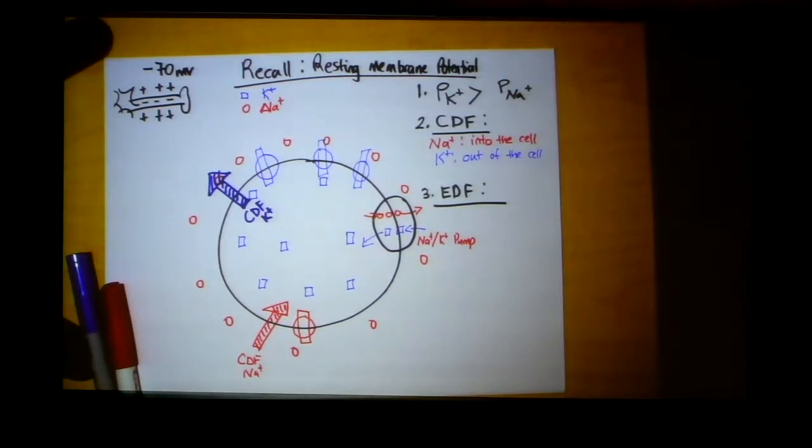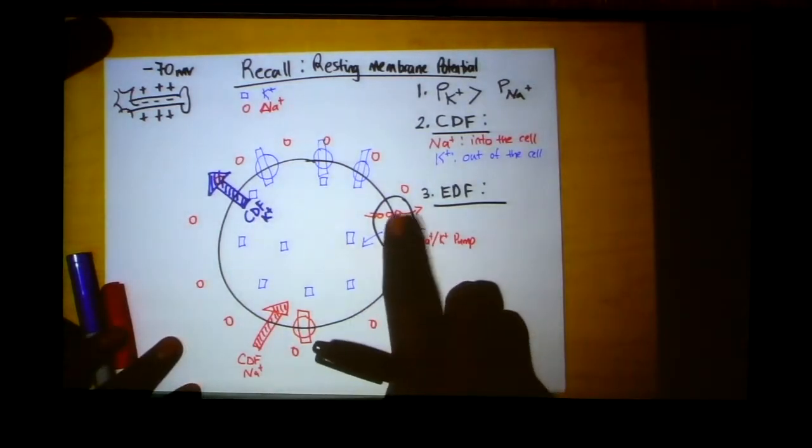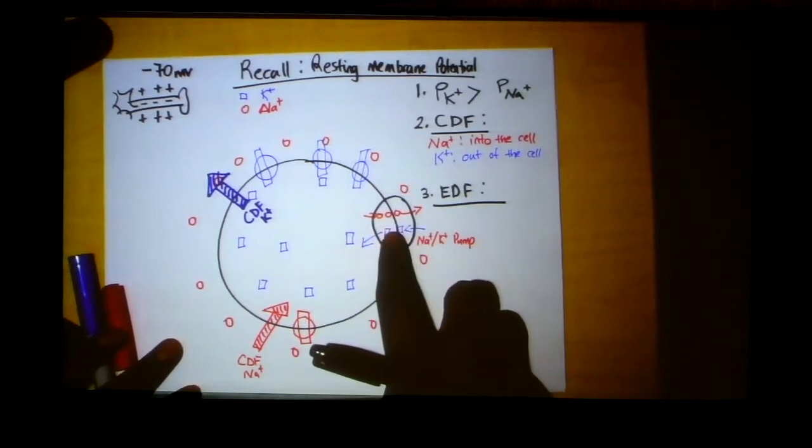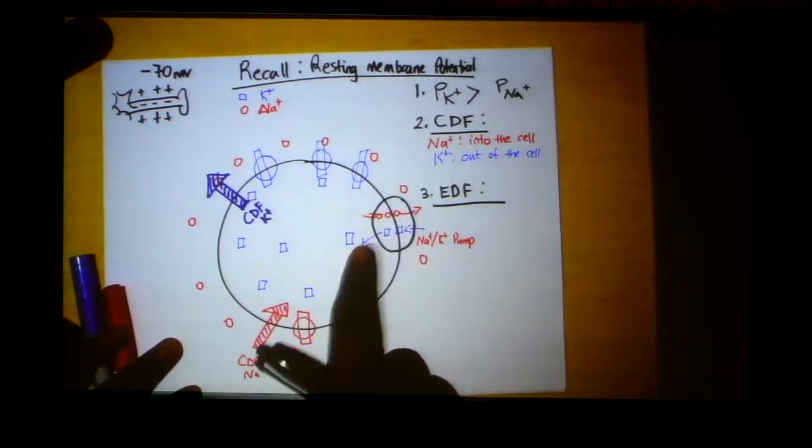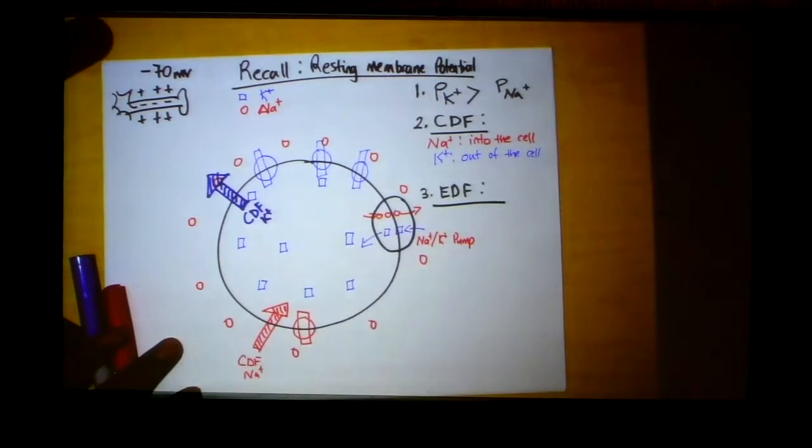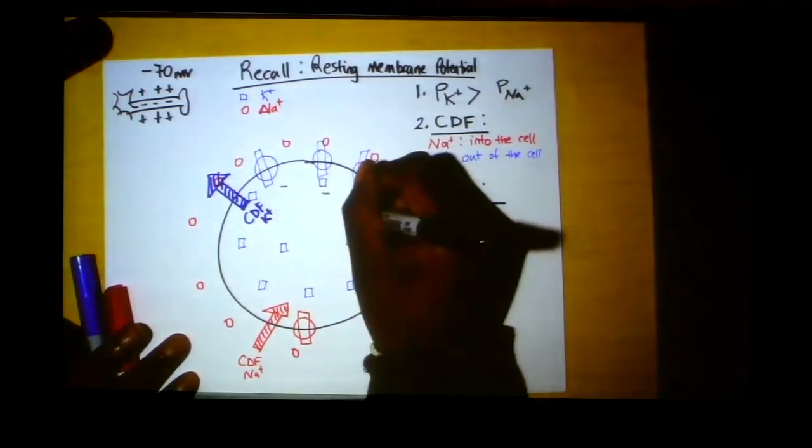Correct, so that difference in charge between the inside and the outside of the cell. And we said that the sodium-potassium pump is what's really responsible for this difference. It's pumping 3 sodiums out, 2 potassiums in, and there's that excess positive charge leaving the cell, right? And so we develop this environment inside the cell that's more negative.